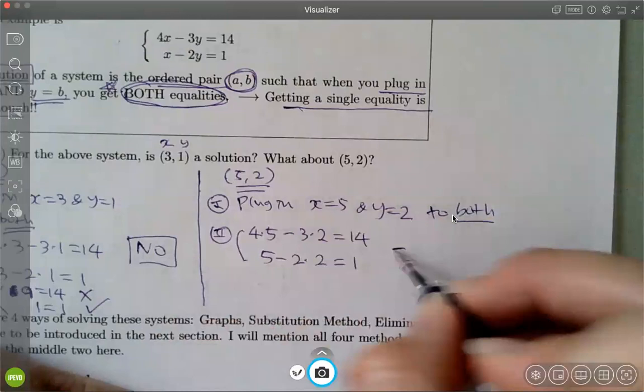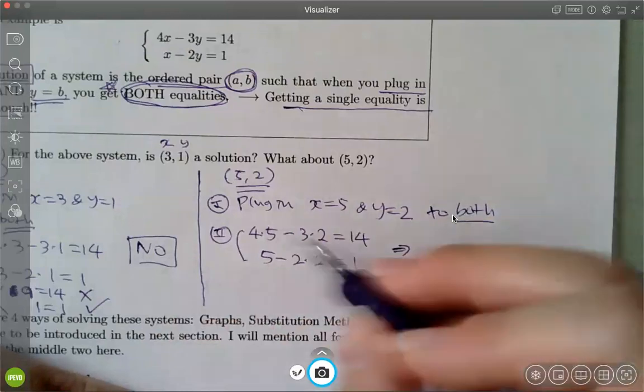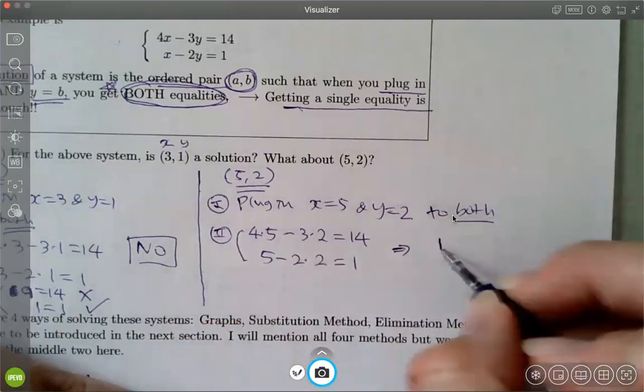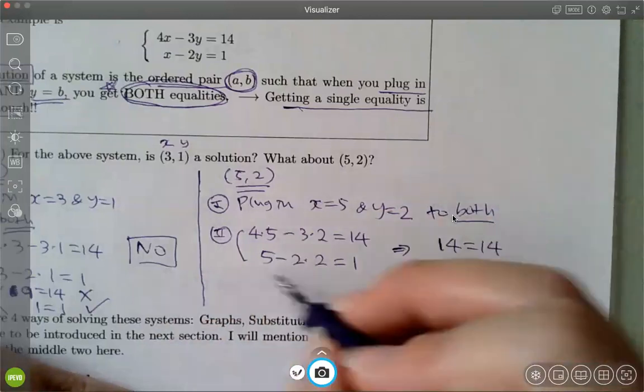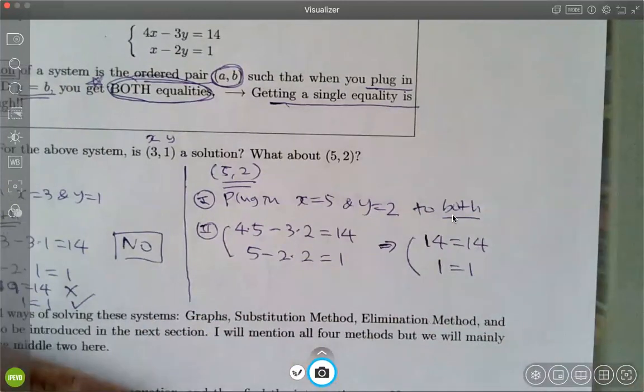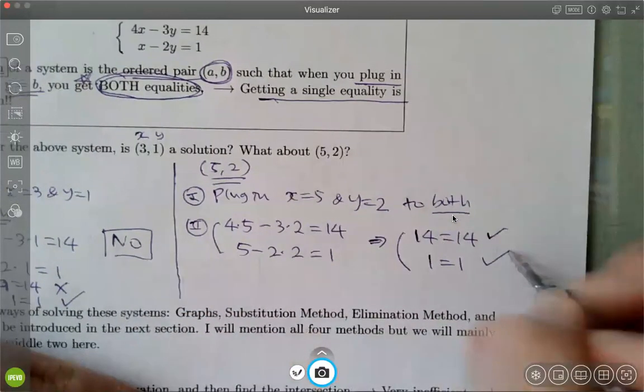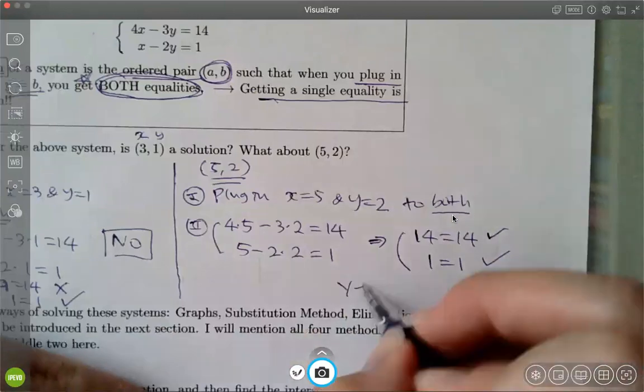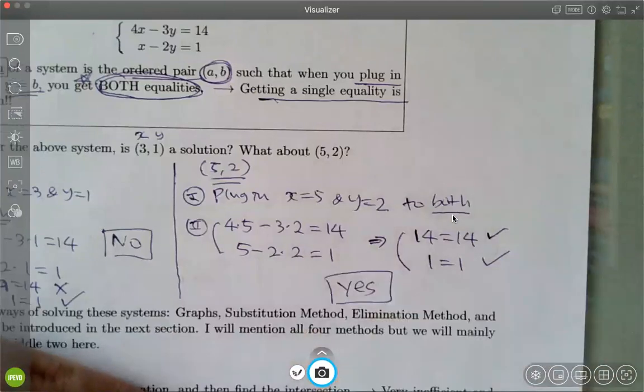Okay, so what is this? 20 minus 6, so that's 14, right? And then 5 minus 4, so that's 1. So 14 equals 14 and 1 equals 1. Oh, both look good, right? So what does that mean? Yes, it's the solution.